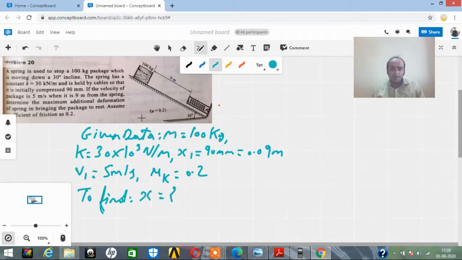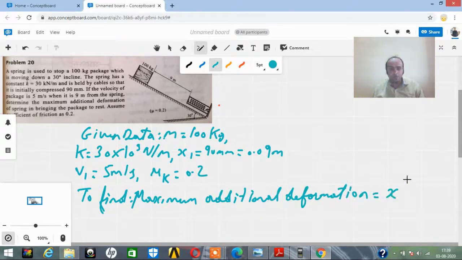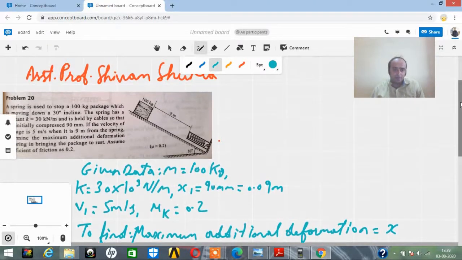I can write it, maximum additional deformation, is equal to x, that we are supposed to find. Then let us go step by step for getting the values.